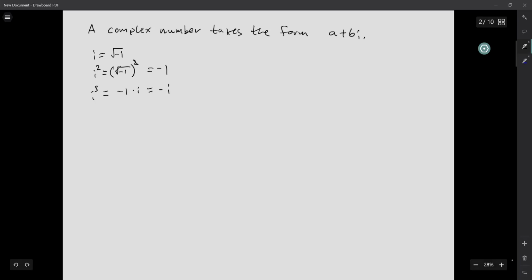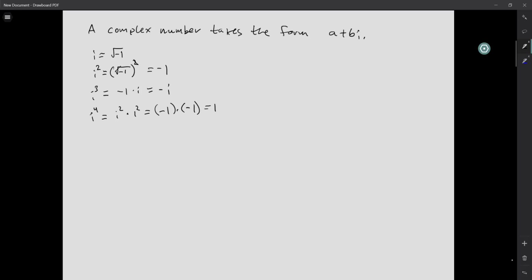So we'll just say minus i. And if I raise it to the 4th power, well, that's i squared squared. So it's -1 times -1, which is +1. It follows this cyclic pattern here.